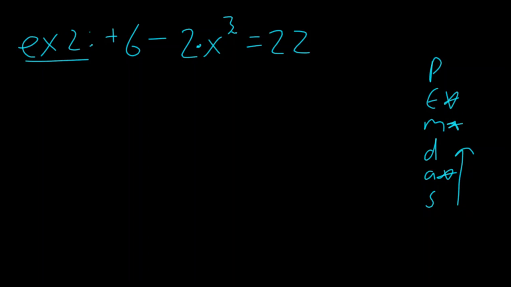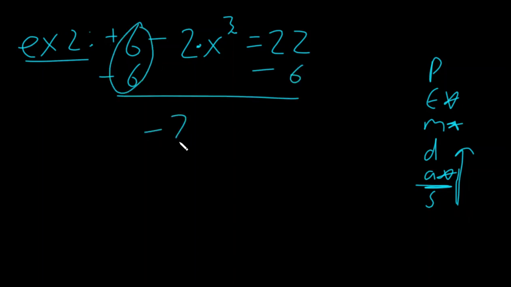So we start at the bottom, we're working our way up, and the first thing we have starred is the addition. Now how do we get rid of a plus 6? Well, minus 6, and of course that zeroes out. We have negative 2x cubed is equal to, and 22 minus 6 will give us 16.